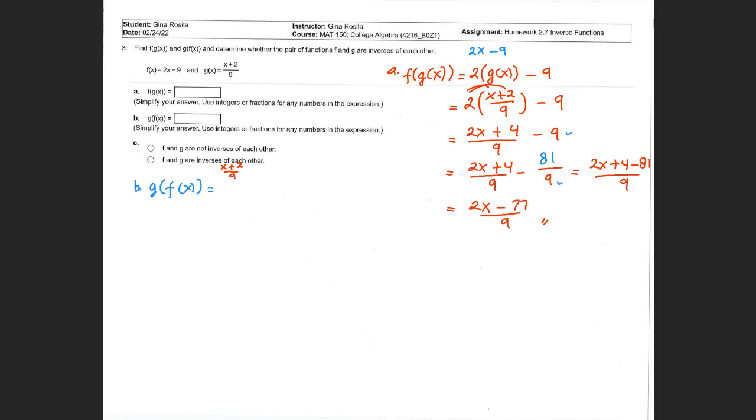After that, you just replace x with f of x. So f of x plus 2 over 9. Replace f of x with 2x minus 9. Don't forget, plus 2 over 9.